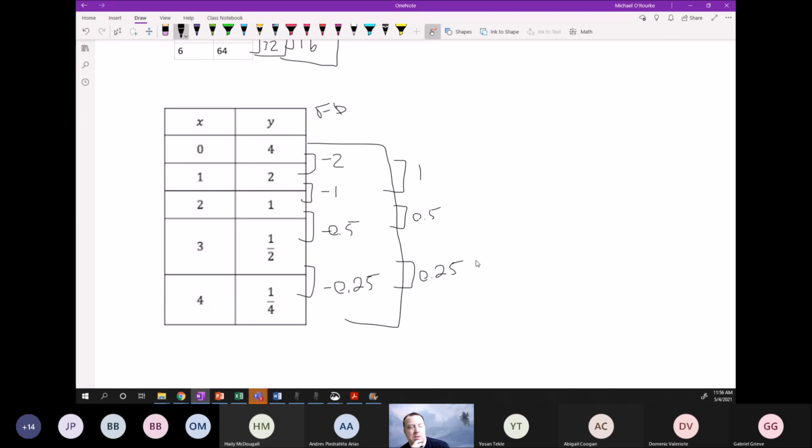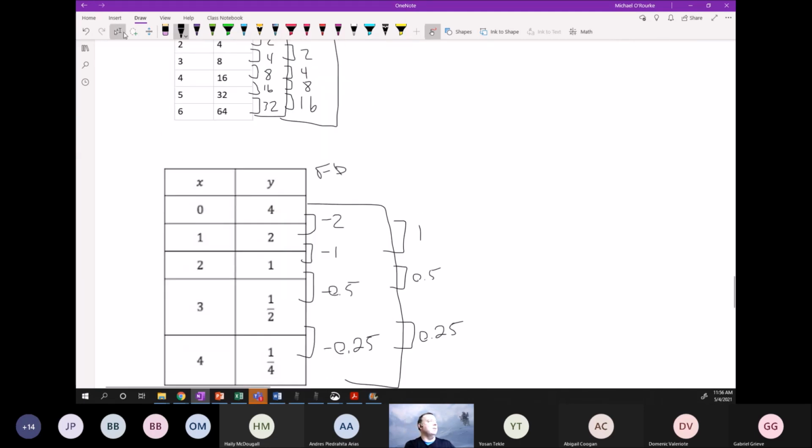You see? So first differences are the same, second differences are the same, but is there a pattern with those guys? What is it? What's the pattern, Farley? They half every time. Okay.